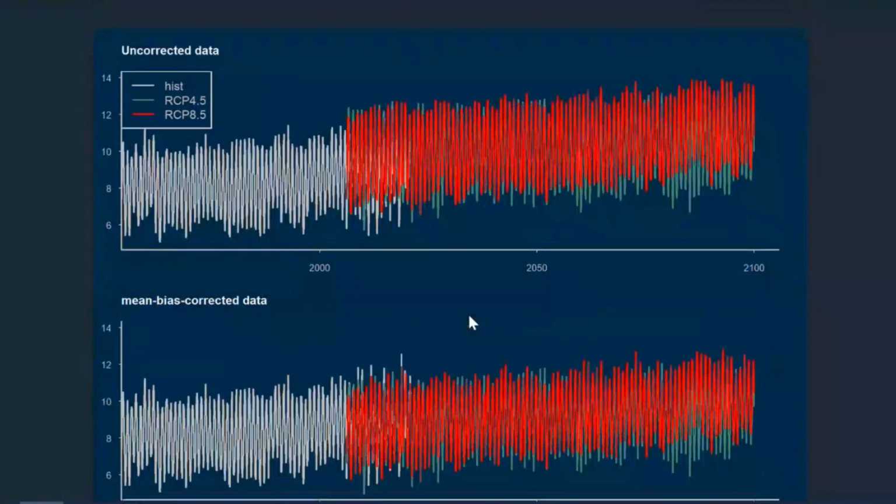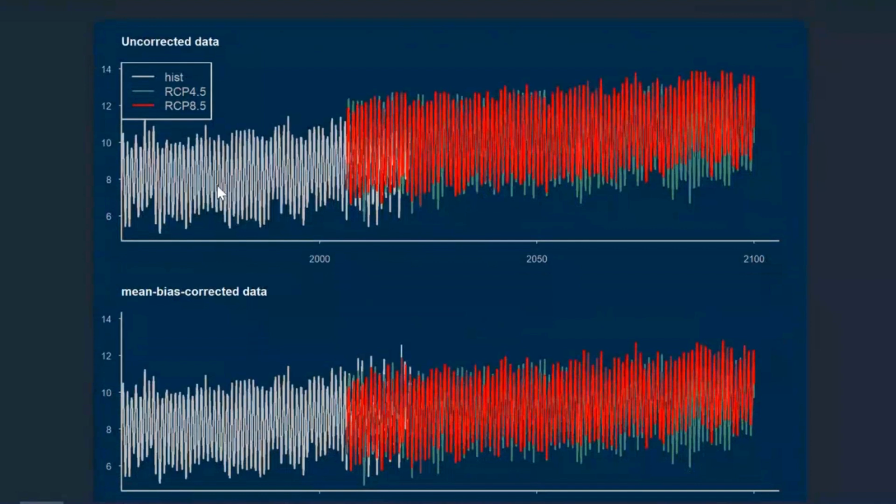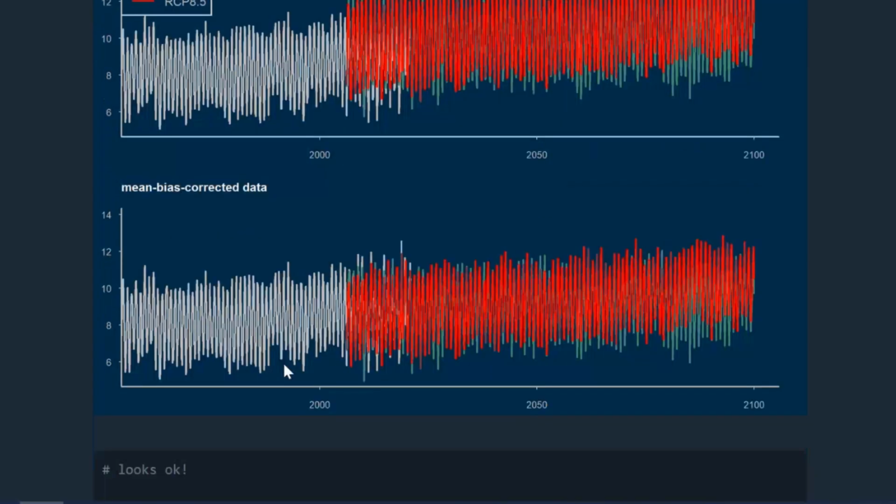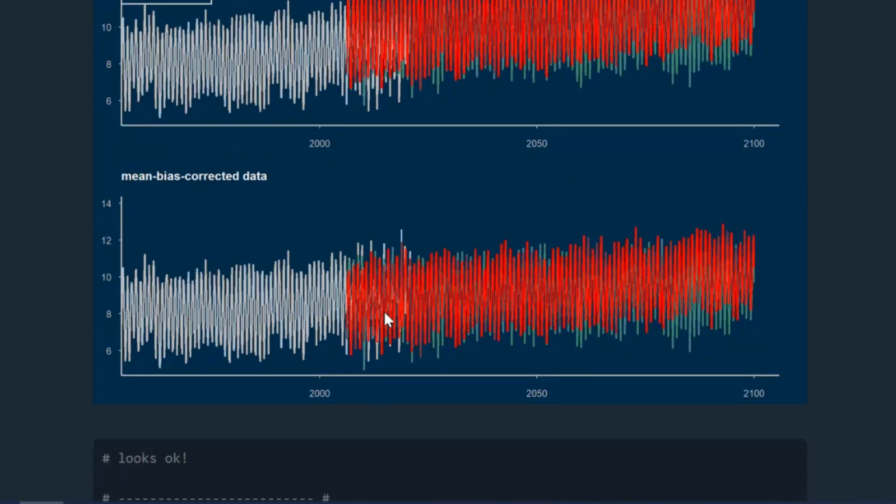Right, so this is our uncorrected data. Here in gray, your historical time series, and in red and greenish, your RCPs. And you see the small bias, and when we mean bias correct the data, then the bias is more or less gone, and they overlap. And that's okay.